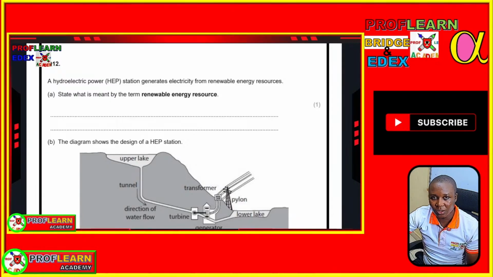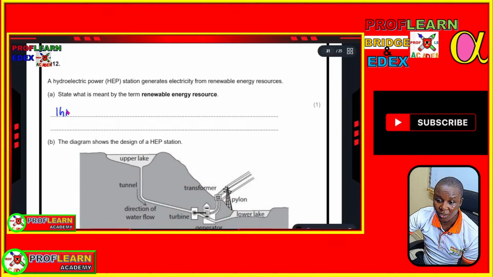Another area that you must focus on is energy resources. You need to know different types of energy resources, renewable and non-renewable. Renewable energy resources are resources which cannot be depleted; however much you use them, they can never run out.